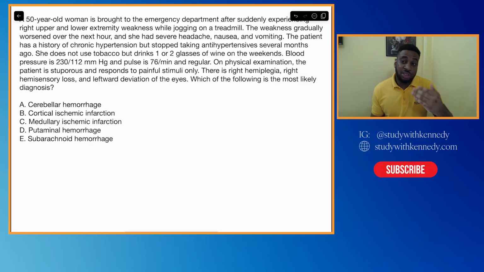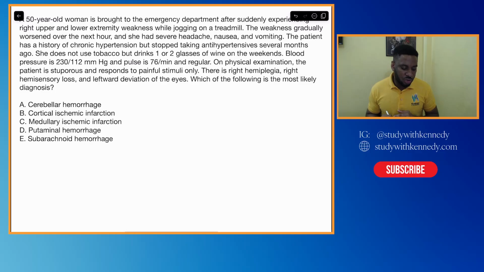If you read this question the way most of you might have read it, then I can predict that you're not doing very well, unless you're already way advanced in your preparation. A 50-year-old woman is brought to the emergency department after suddenly experiencing right upper and lower extremity weakness while jogging on a treadmill. The weakness gradually worsened over the next hour, and she has had severe headache, nausea, and vomiting.